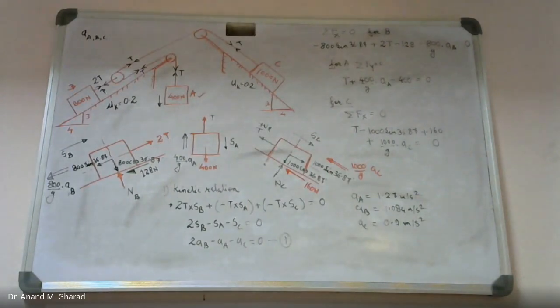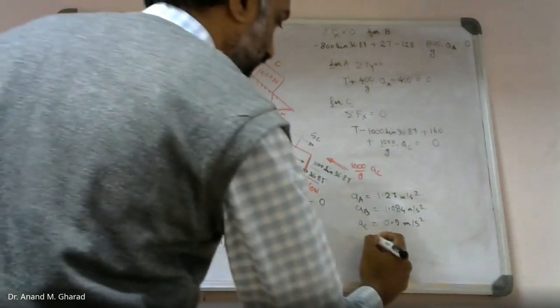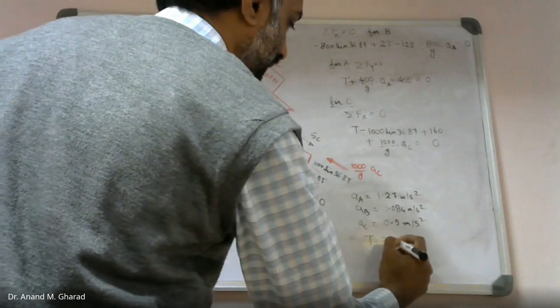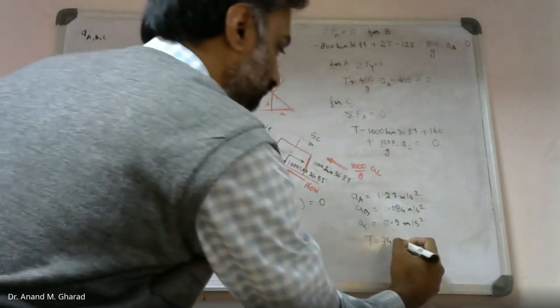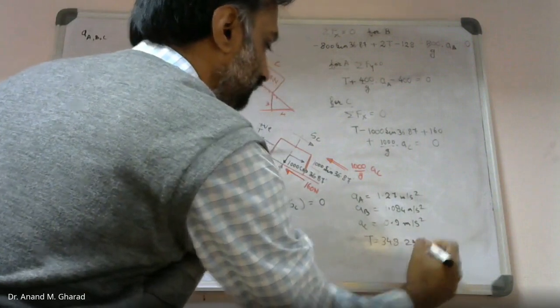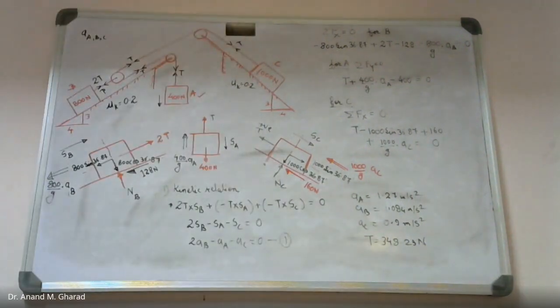Tension value 348, 348.2. This is the tension value. You can verify this. Okay?